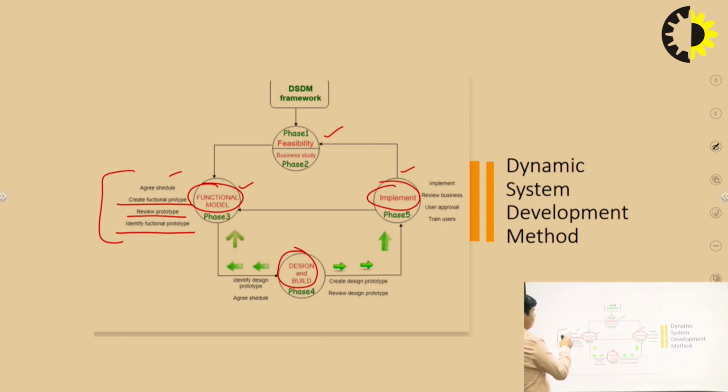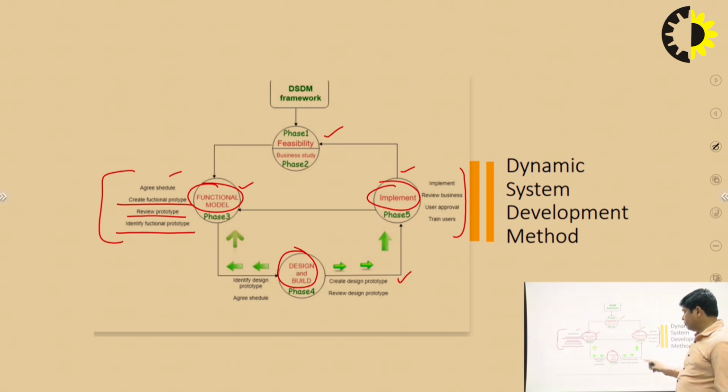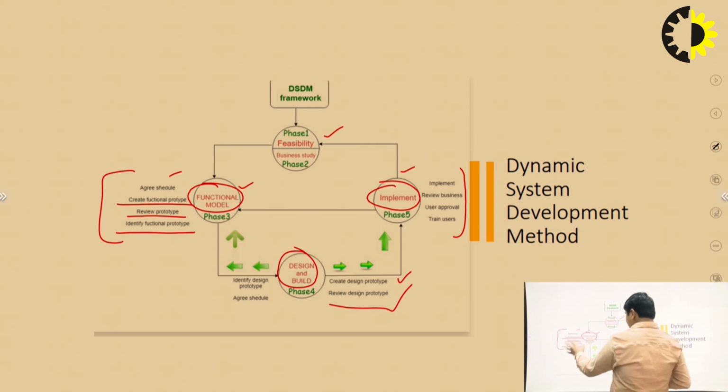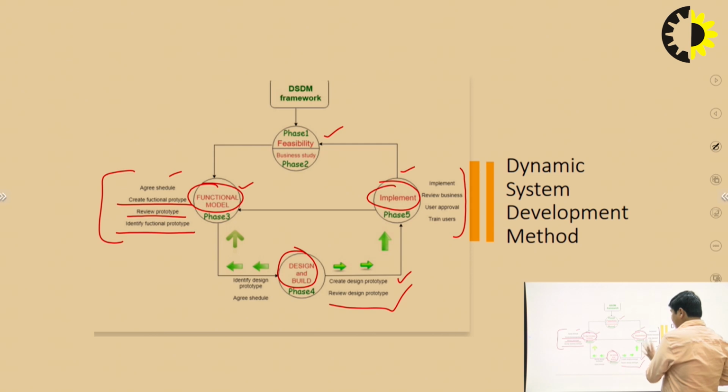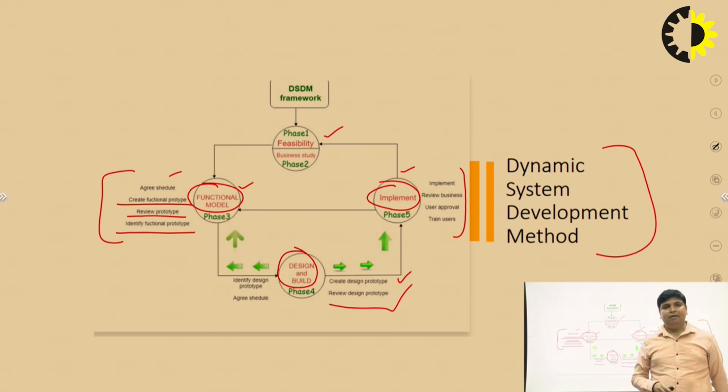In this phase we just design the prototype of a particular software product, and then finally we will implement in phase 5 according to the created design prototype and reviewed design prototype. So based on this revision, we create our real model. So this is the approach we follow in the dynamic system development method.